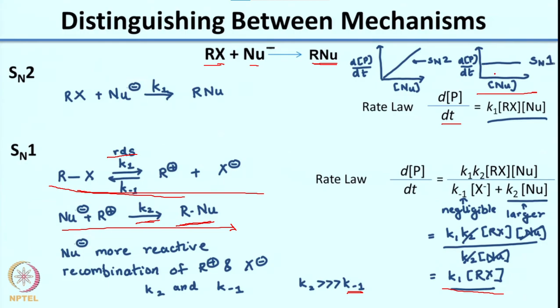So nucleophile concentration is not affecting the product formation here. The rate equation is independent of the concentration of nucleophile for SN1. Whereas in an SN2 reaction, nucleophile concentration is altering the rate equation. So here we can see nucleophile concentration will affect the rate equation for a second order reaction, SN2 reaction.